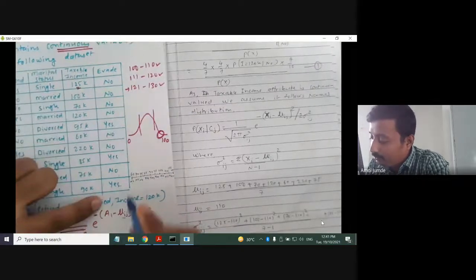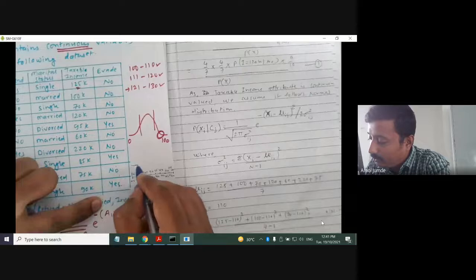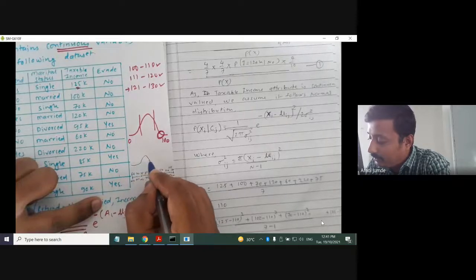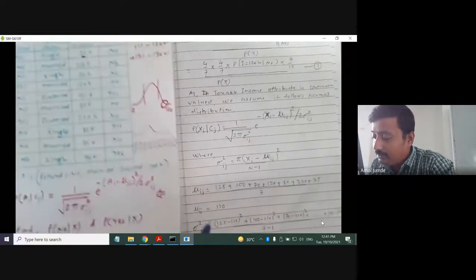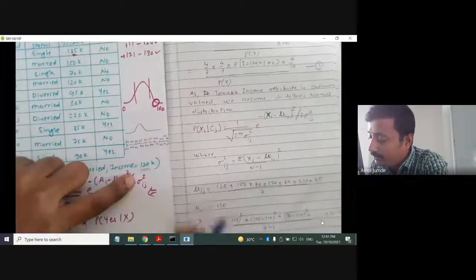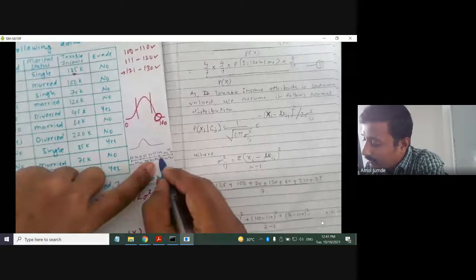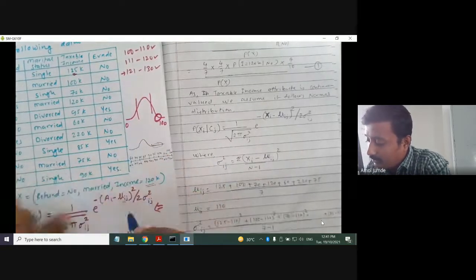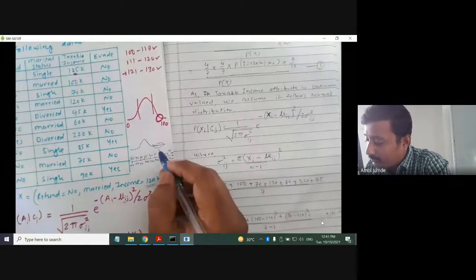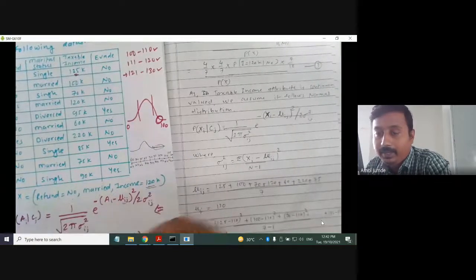Okay, so if you observe here, we have no, no, and in between we have yes, and then again we have no. And the value which is given here is 120, which is falling after this threshold. So it was expected that the probability for no class for this sample will be higher.